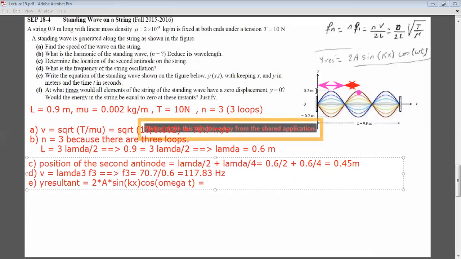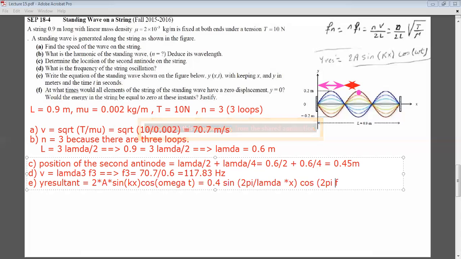The amplitude from the figure is 0.2, so 2 times 0.2 is 0.4. Sin(kx), where k is 2 pi over lambda_3, times x, and cos(omega t), where omega is 2 pi times f_3, times t.